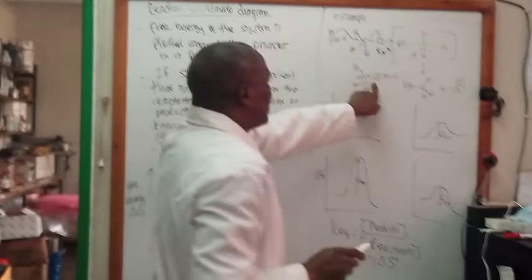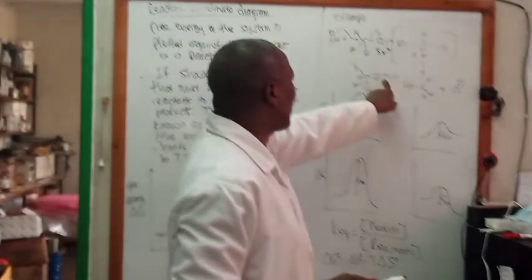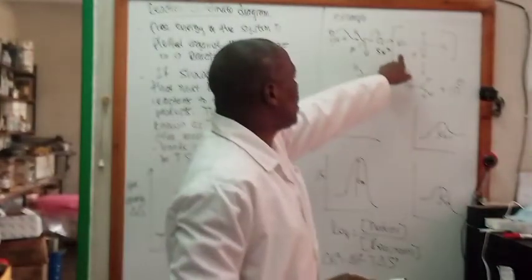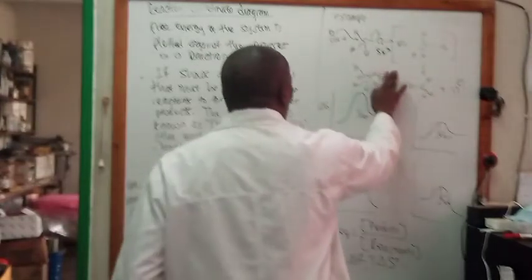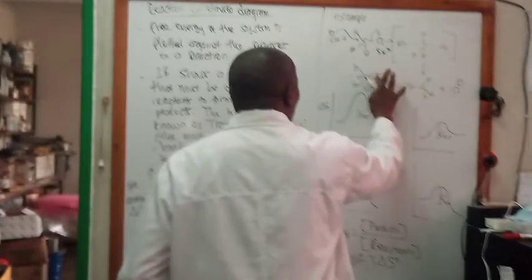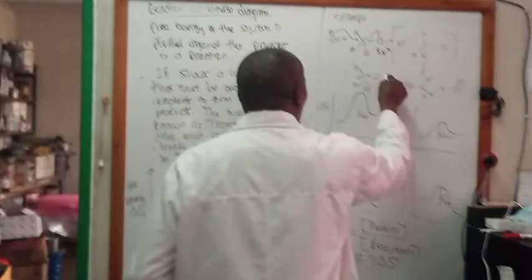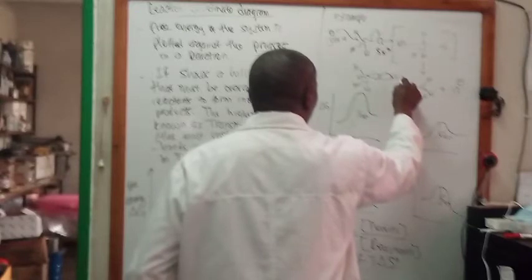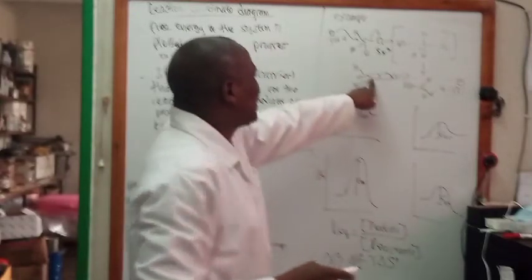In this case, these are full. Can you see this p orbital? There's a perfect overlap between my carbon and chlorine. But in a transition state, this orbital is moving away, so you have a situation whereby that orbital is just touching the p orbital of carbon.